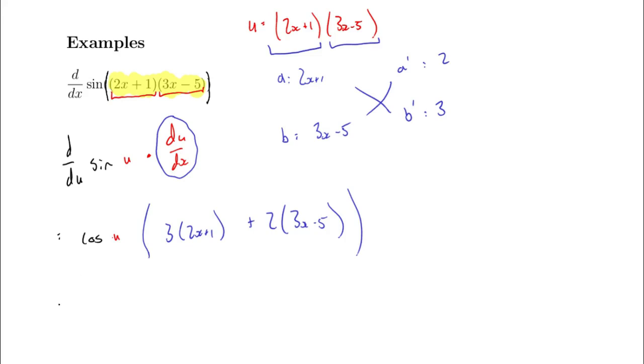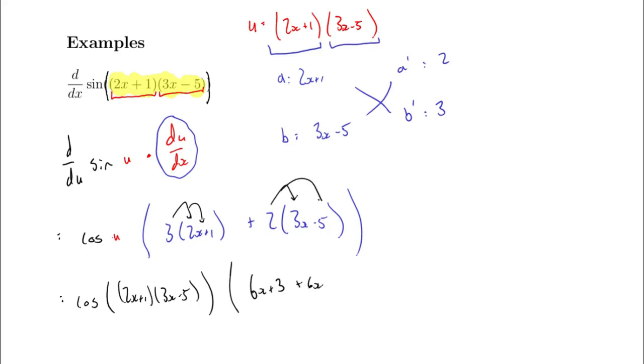Cosine of u is really going to be cosine of 2x plus 1 times 3x minus 5 times 6x plus 3 plus 6x minus 10.